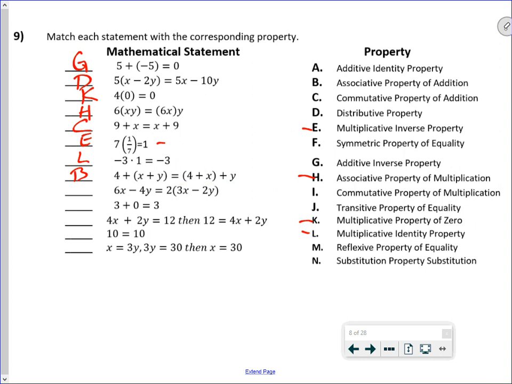For this one, a lot of people get confused by this, but remember the equal sign moves both ways. Right here you can see that this is still the distributive property. Any number plus 0 is itself. So that is the additive identity property.